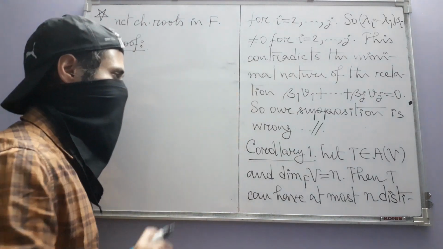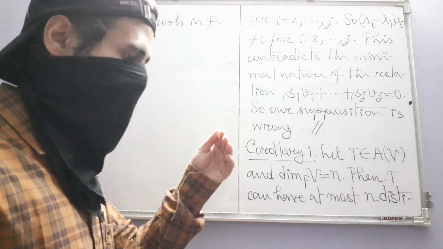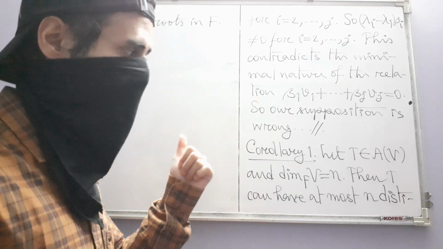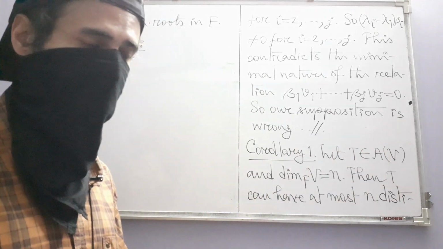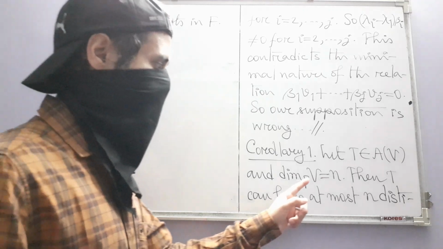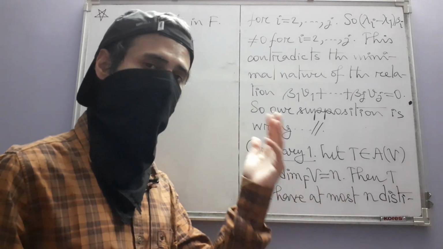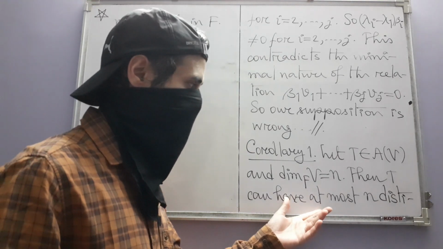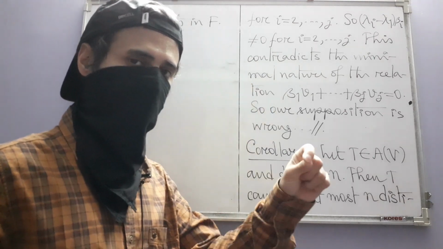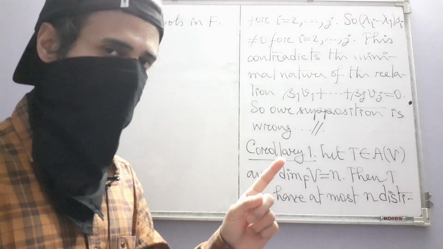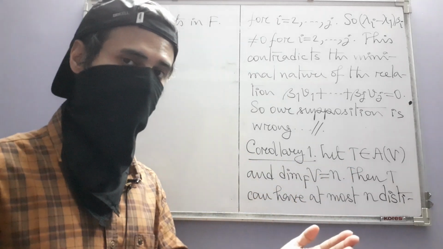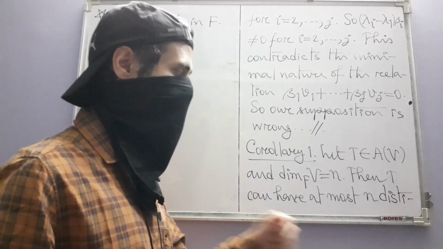In this theorem, what you have seen is that if you consider characteristic vectors belonging to different characteristic roots, then they form a linearly independent set. Now, if you have more than n distinct characteristic roots of the operator T, then corresponding to each one of them you will have at least one characteristic vector, and those vectors are going to give you a linearly independent set having more than n elements.